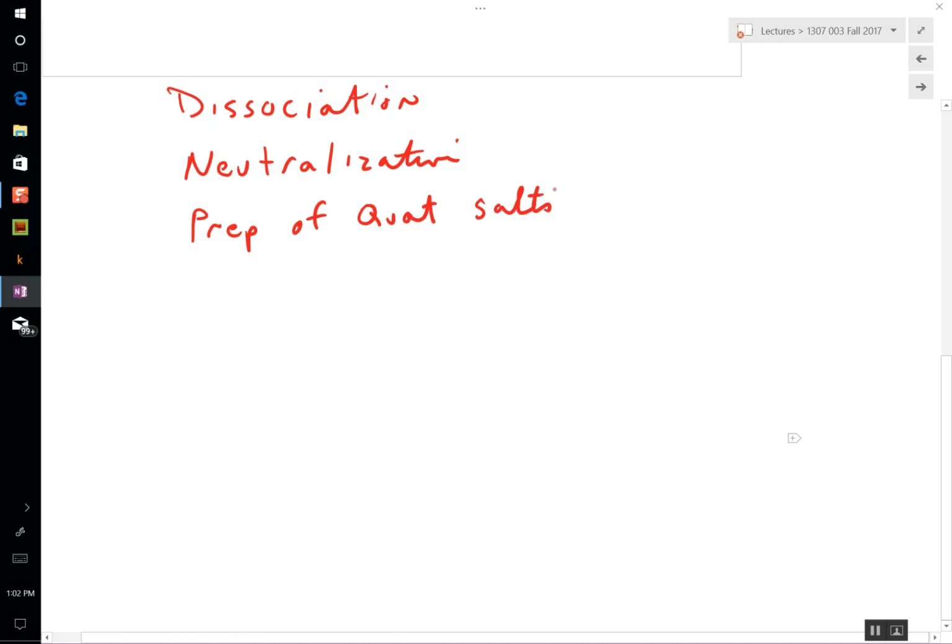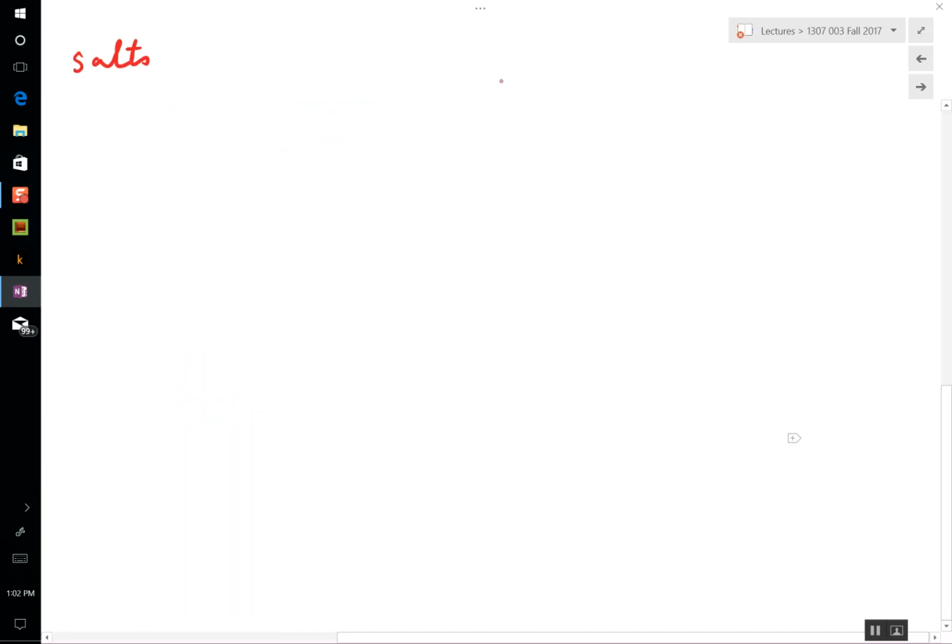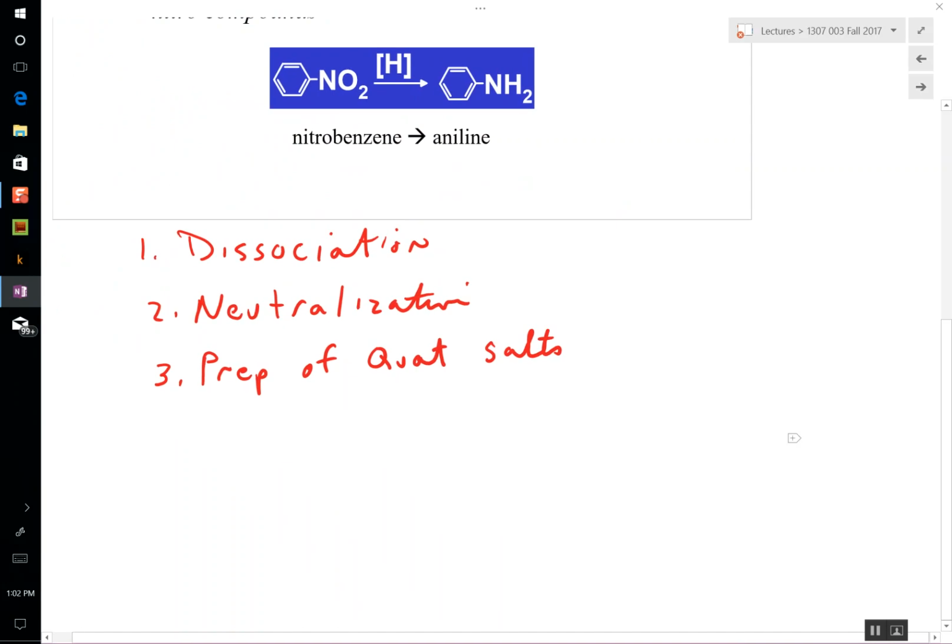There's some similarities between these 3, but these will probably be the 3 things I want you to understand about amines and how they react. Dissociation, just keep in mind that amines are weak bases.